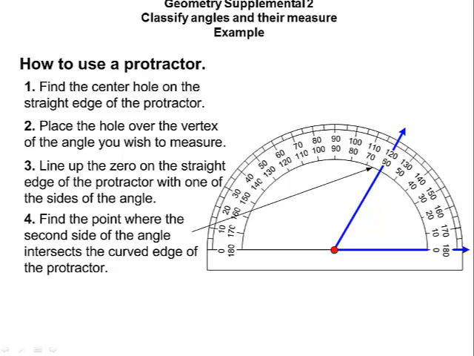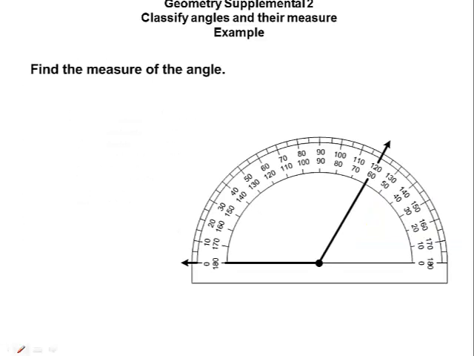So to find the measure of this angle, as you can see, here's our 0. So we're going to use the outside numbers, not the inside numbers. So 120.